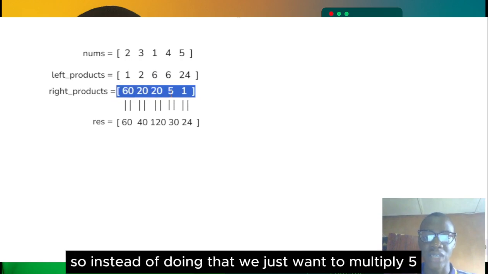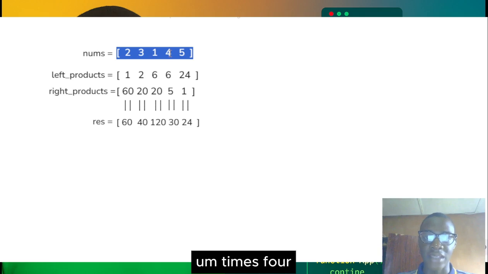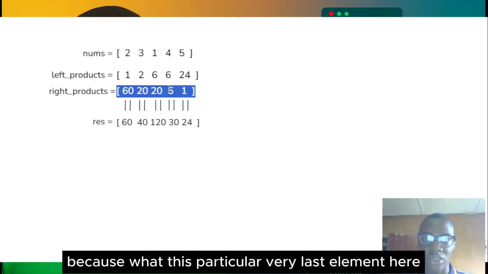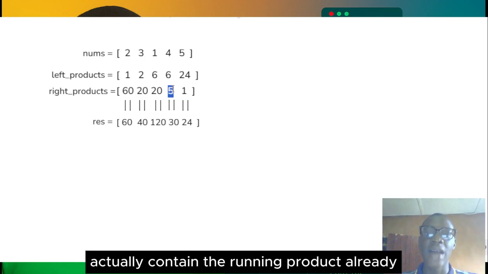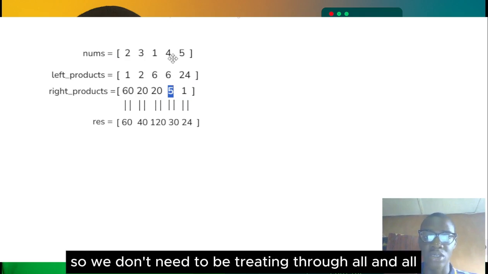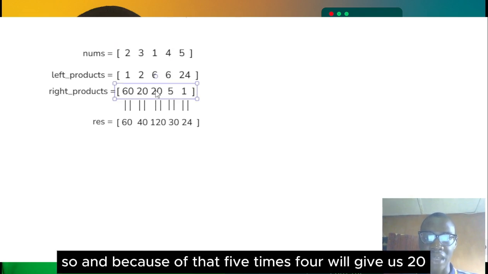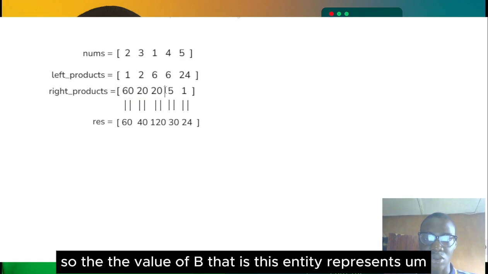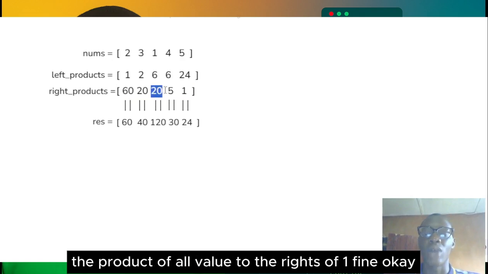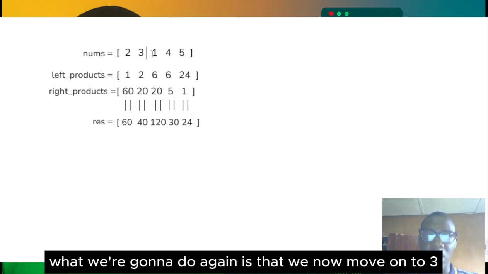So instead of doing that, we just want to multiply 5 times 4, because this latest element here actually contains the running product already, so we don't need to be iterating through all and all and all. So 5 times 4 will give us 20. So this 20 represents the product of all values to the right of 1. Fine. Okay, now we move on to 3.